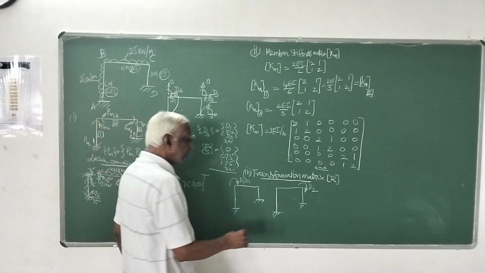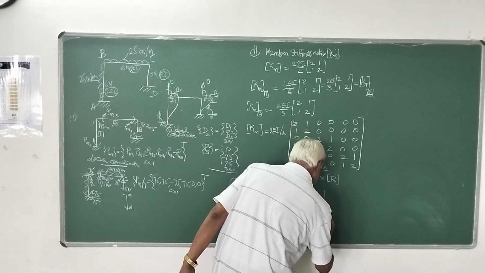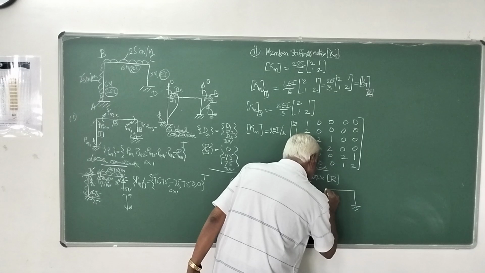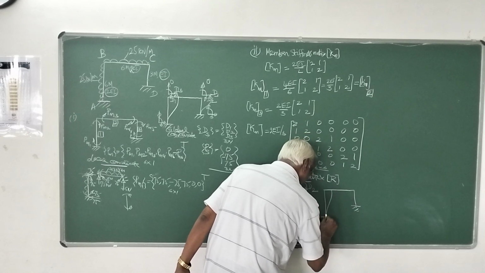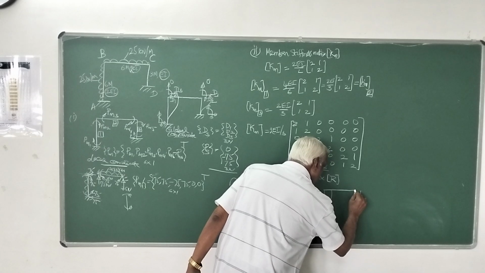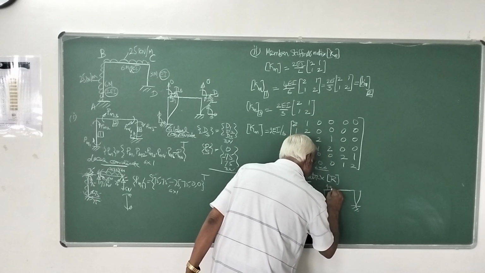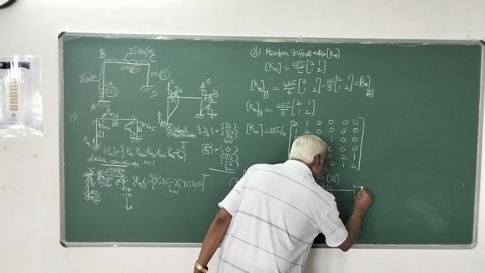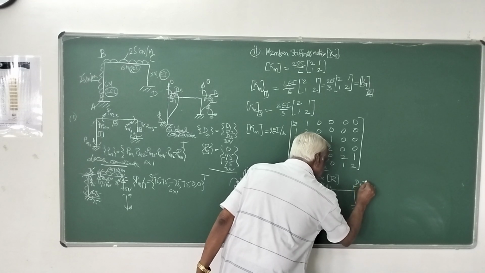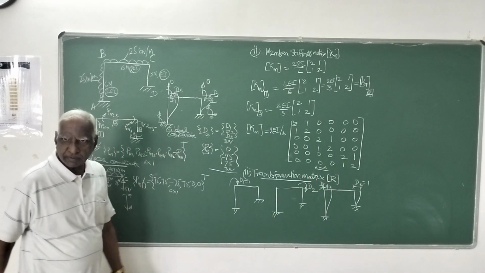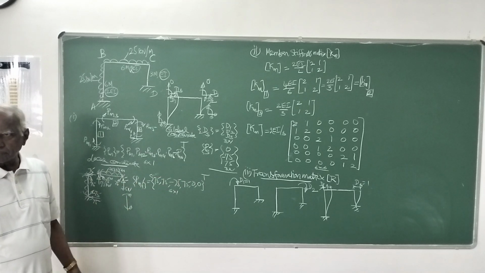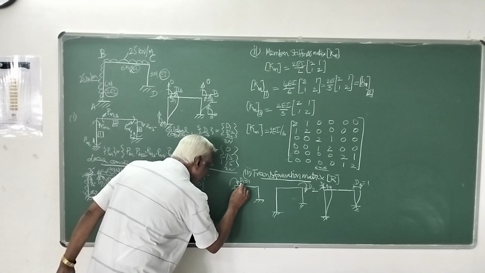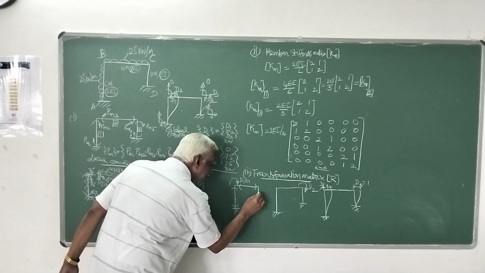Then you apply unit displacement corresponding to the third global coordinate, d3 equals 1. Then you have to find the corresponding local coordinate moments.